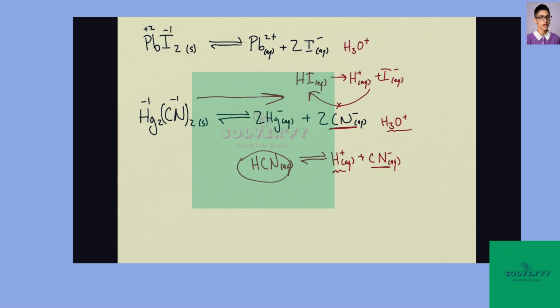That means the more H3O plus we add, or the more acidic we make the solution, the more soluble Hg2(CN)2 is. In other words, as pH decreases, solubility increases. For this first one up here, pH has no effect.